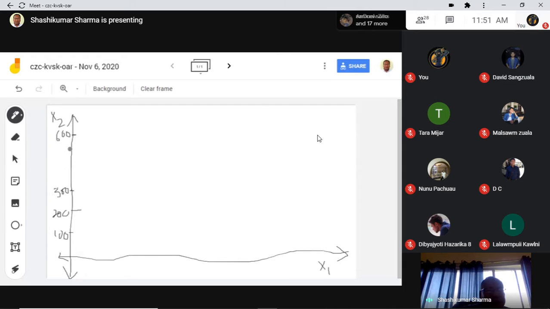Similarly I'll make two more here. This will be 400 and 500. Similarly, around this much distance I'll make it up to say around 600.